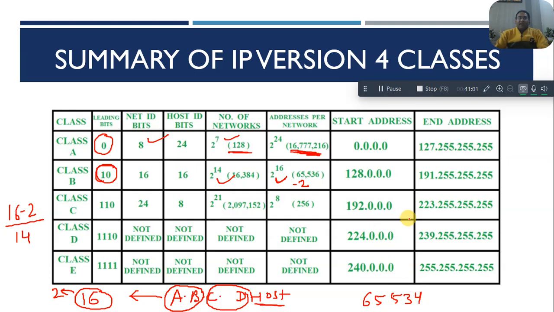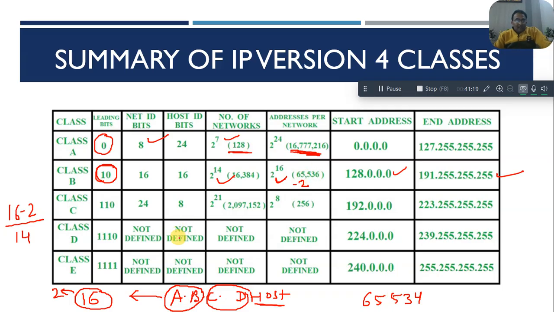The starting address is 128.0.0.0, used for identifying the network, and 191.255.255.255 is used for broadcasting. So we subtract these two addresses from the total of 65,536.